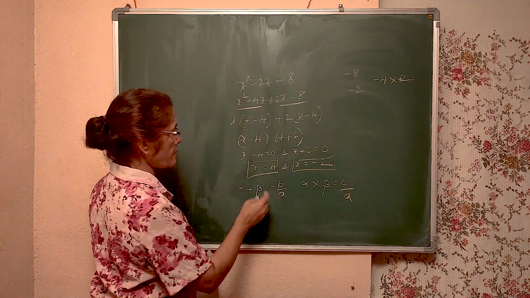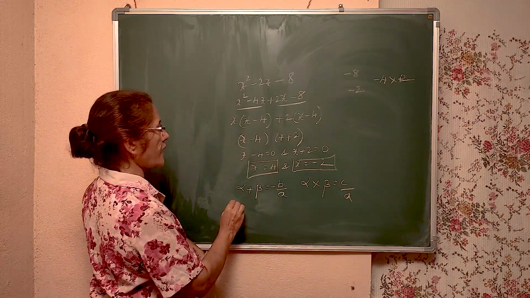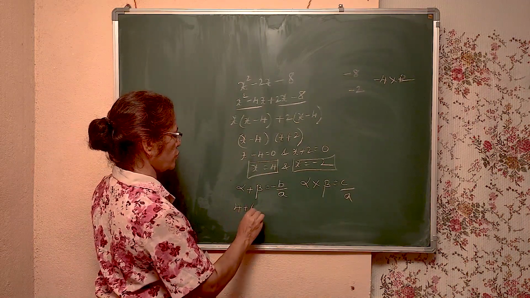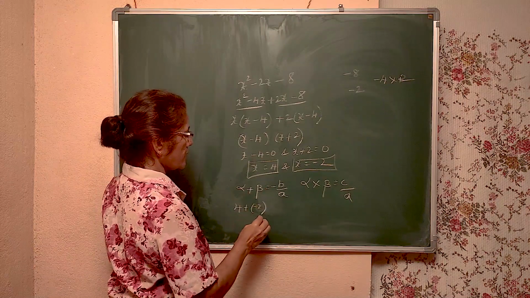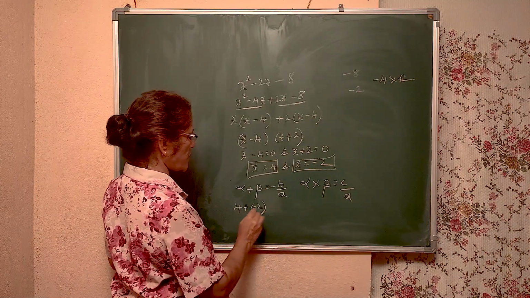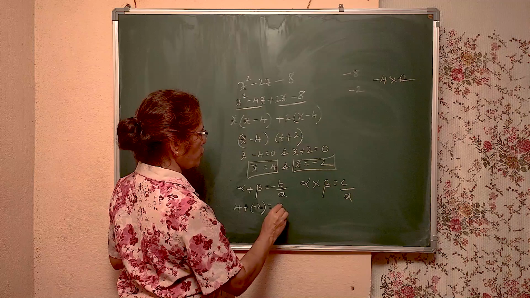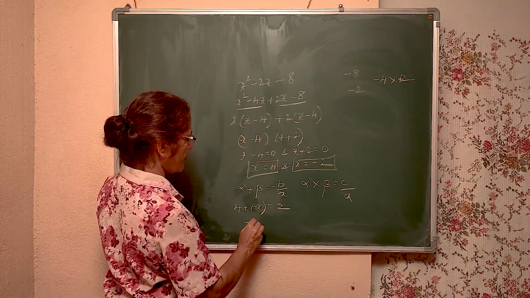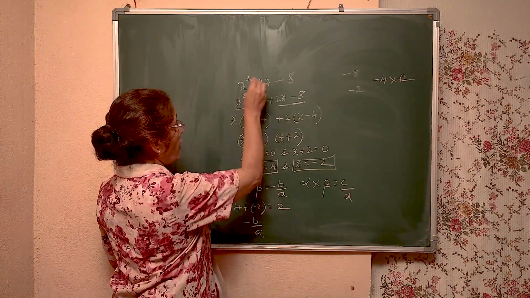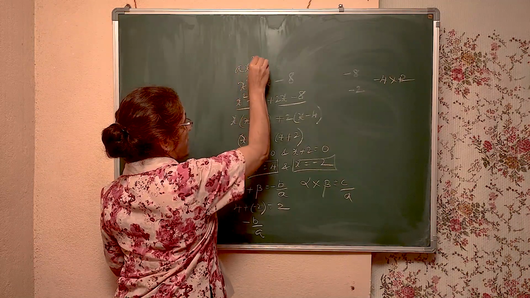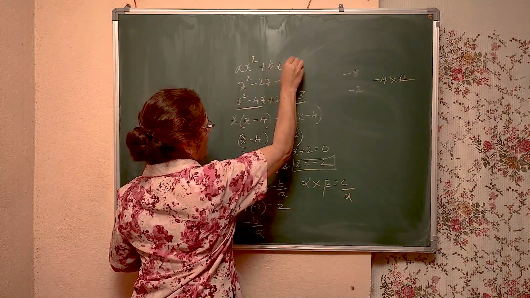What is alpha plus beta? Alpha plus beta is 4 plus minus 2. Shall we see what is 4 plus minus 2? 4 minus 2 is 2. What is minus b by a? What is the value of it? It is in the form of ax square plus bx plus c.